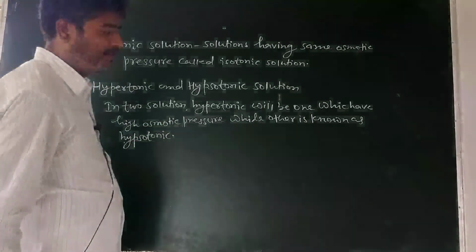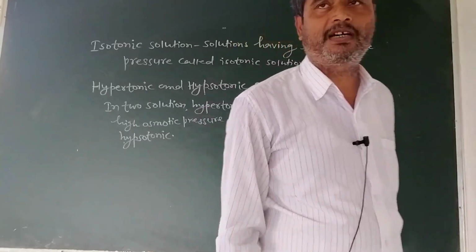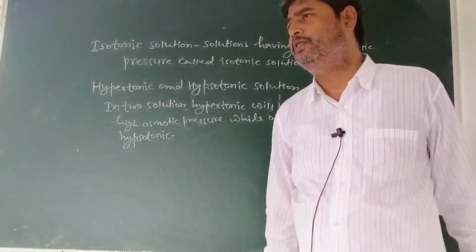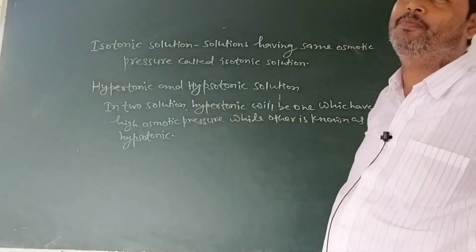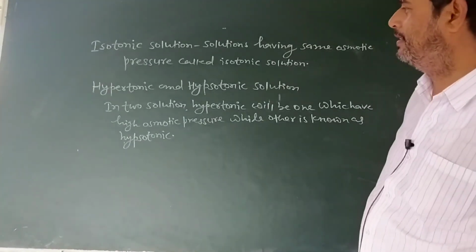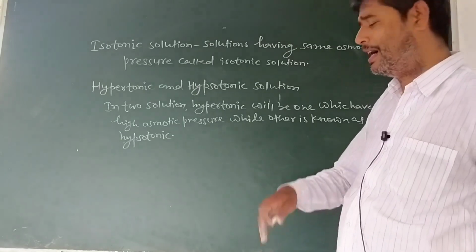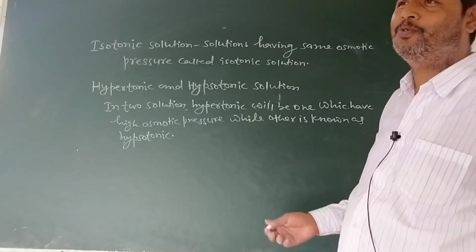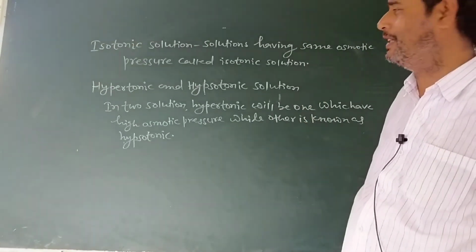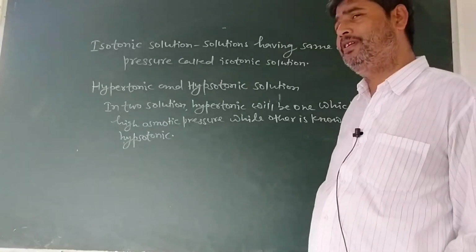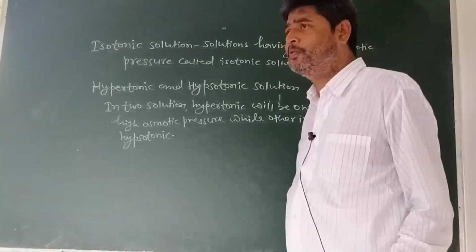When hypertonic and hypotonic solutions are placed in close contact with each other through a semi-permeable membrane, then solvent molecules migrate from the high osmotic pressure region to the low osmotic pressure region, that is, from hypertonic solution to hypotonic solution.